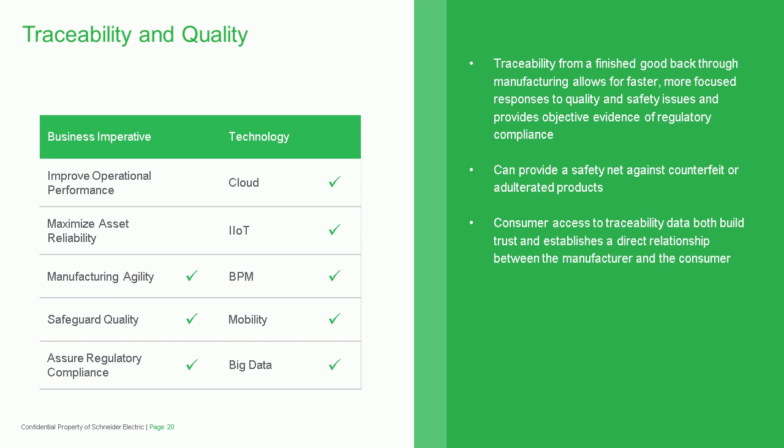All of those things, traceability and quality, there are a number of technologies that address it. Obviously, mobility and big data. There's a lot of data that can be collected around not just the production of a particular finished good in a plant, but also the movement of the ingredients for that product or the components of that product and how it moved from production to the consumer.